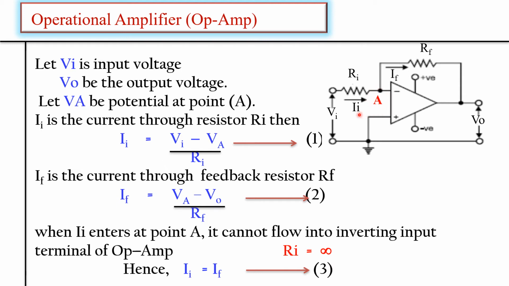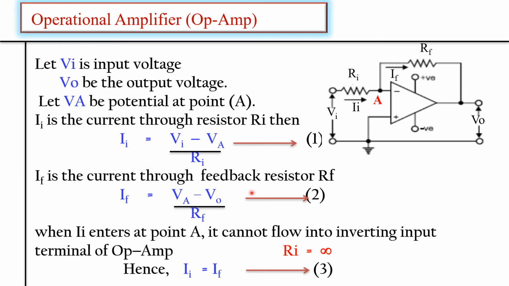Ii is the current through the resistance Ri, so applying Ohm's law, V equals IR. So Ii equals (Vi minus Va) upon Ri, right? Ii is nothing but the potential difference across these 2 points upon the resistance Ri.